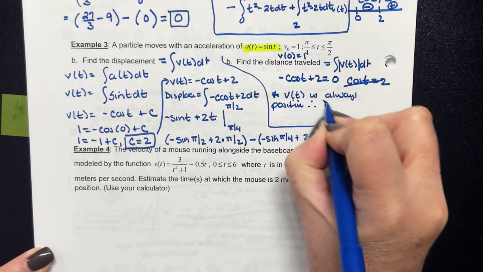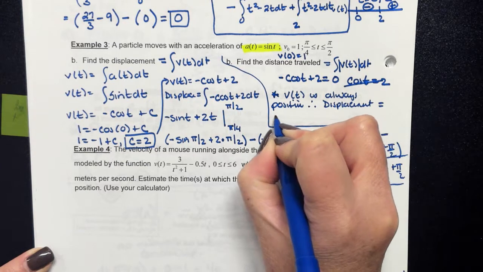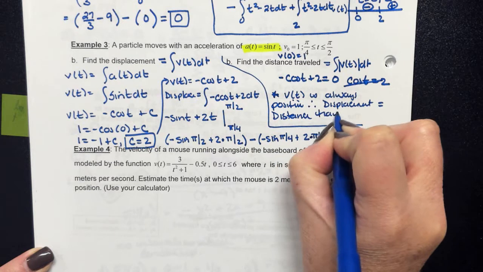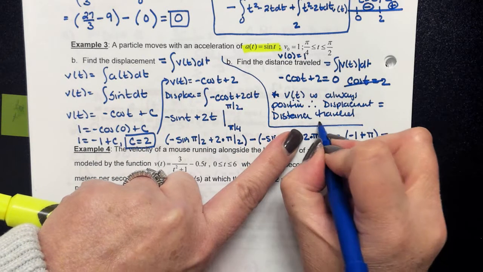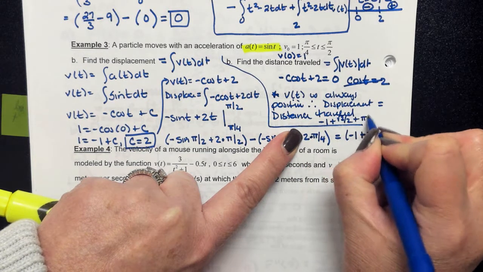So therefore, the displacement is equal to your distance traveled. So therefore, your distance traveled is going to be the same answer as we got in Part A, that negative 1 plus square root 2 over 2 plus pi over 2.